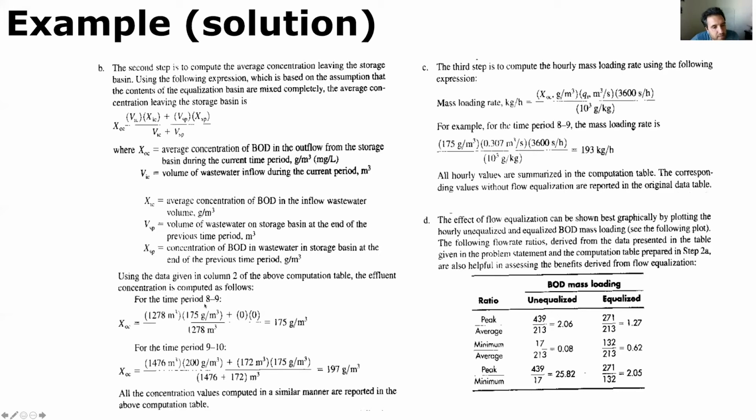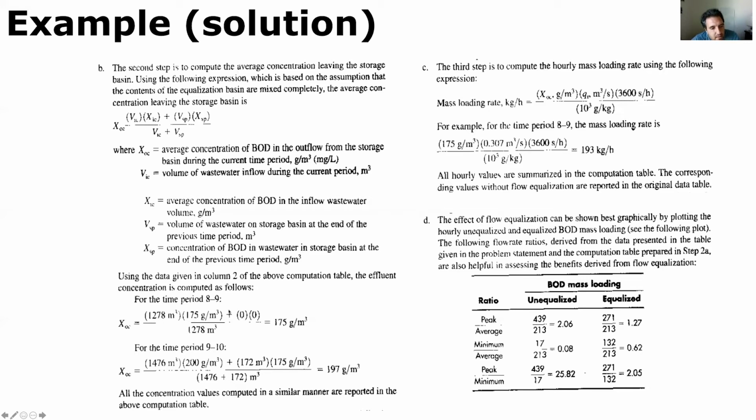So for example, from the time period 8 to 9, we don't have any sewage in the tank, so there's no BOD in there, but we're adding 1,278 cubic meters of sewage, and that sewage has a concentration of 175 grams per cubic meter, which was given in the original table in the original example problem.